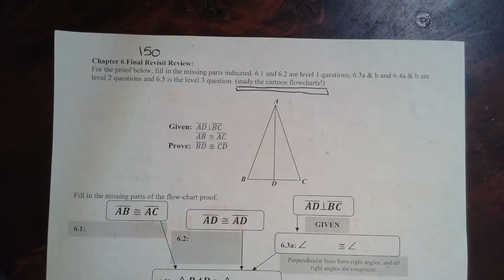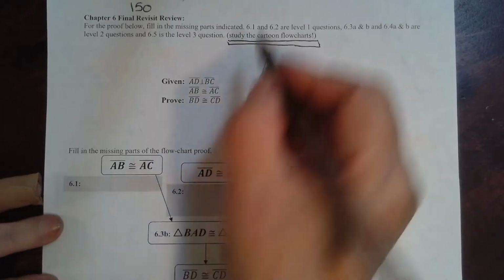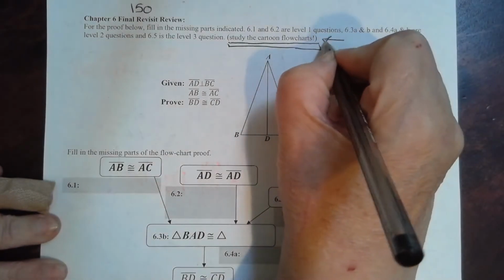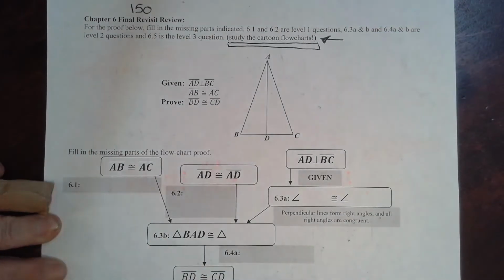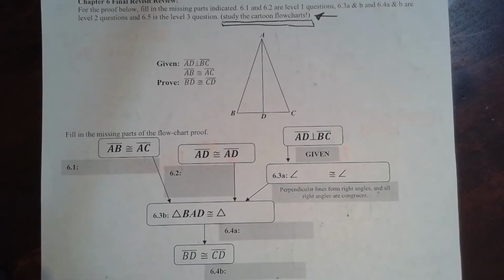There was the one with the vulture, the one with Nemo and some barn and a little chick and a grumpy pig. If you study those, one or more of those proofs might actually somewhat match what you're going to have on the test. So that's a huge hint.